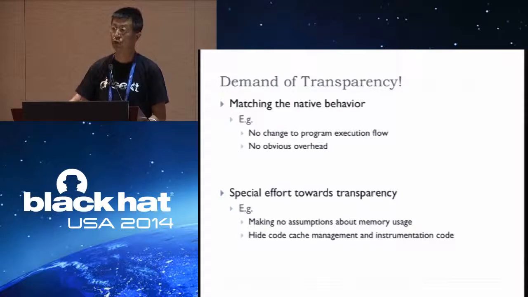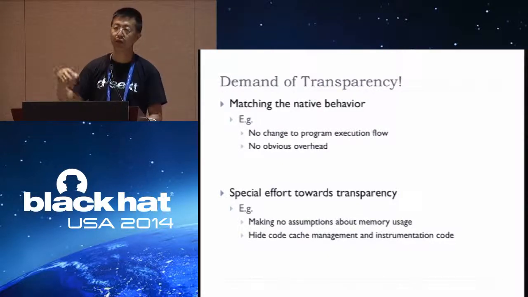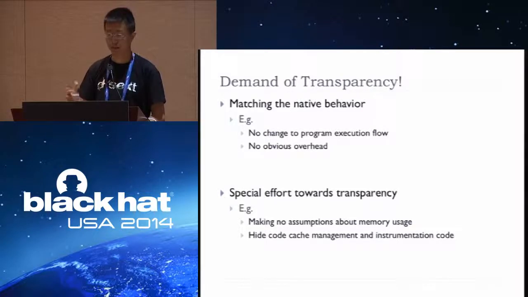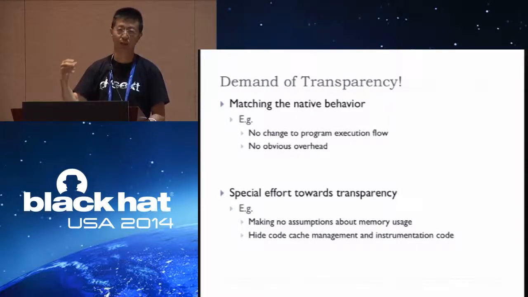So they actually made lots of special efforts. For example, they don't make any assumption about how the code accesses memory. And this is not only for malicious code, even for legit code. The developers of DynamoRIO showed that some of the Microsoft Office programs actually access stack frames that are already invalid. And they try to make no assumption on this.